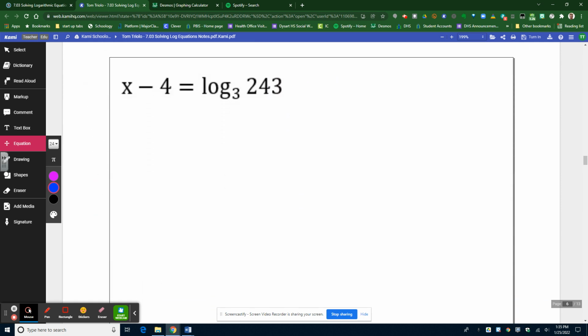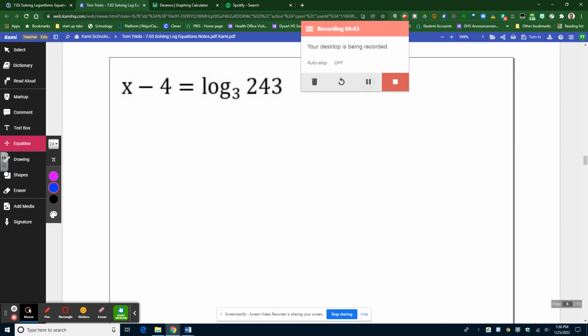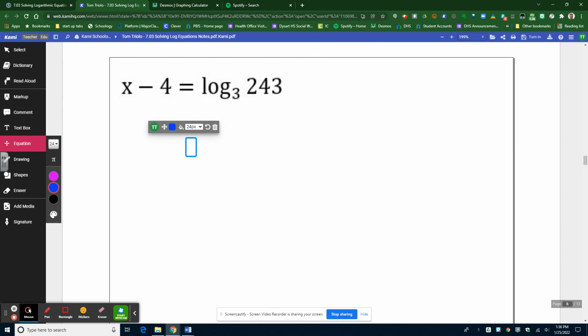Try that one. I gotta see how much. 3 to the power of x minus 4 equals, remember, no more logarithm, 243. Change 243, so we're going to do 2 steps in 1. We go to row 3, go find the 243, and then it's 3 to the 5th.